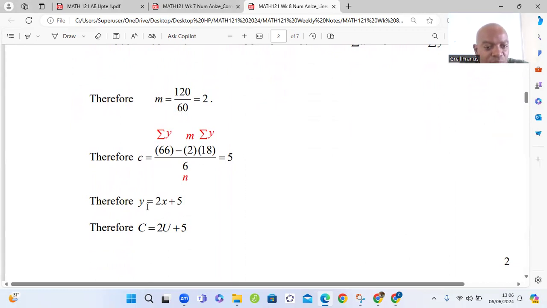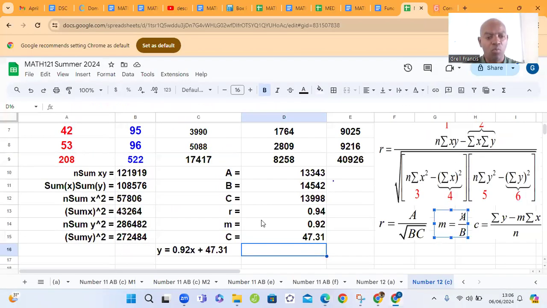They got 2 and 5, so they have y is equal to 2x plus 5. And they replaced y with C for cost and x with U for units, because units was the independent and cost was the dependent variable.